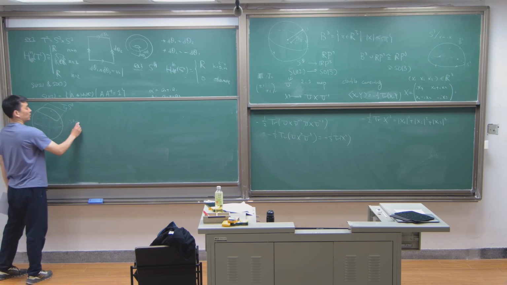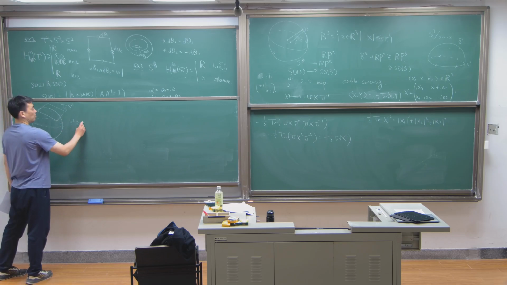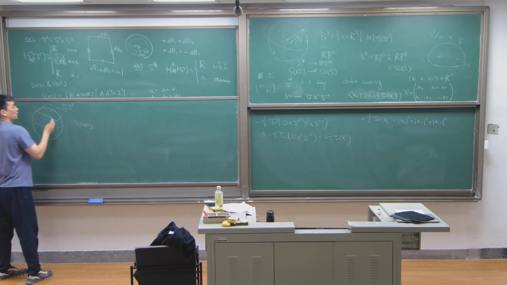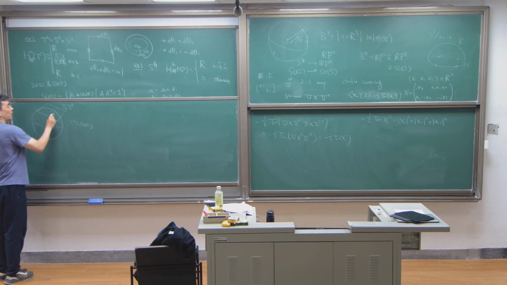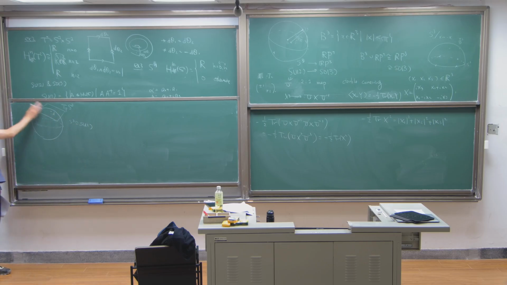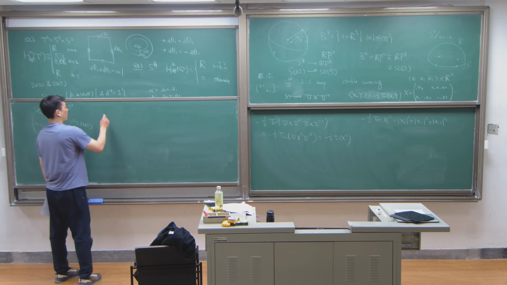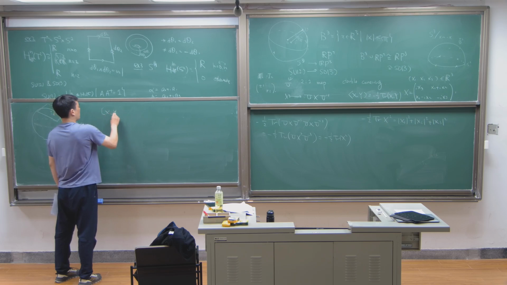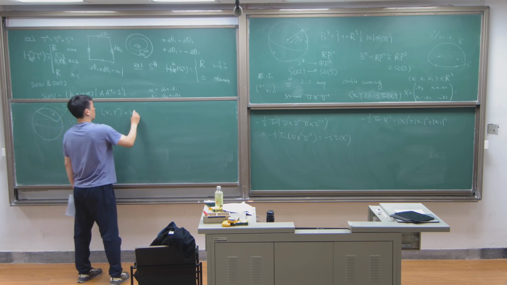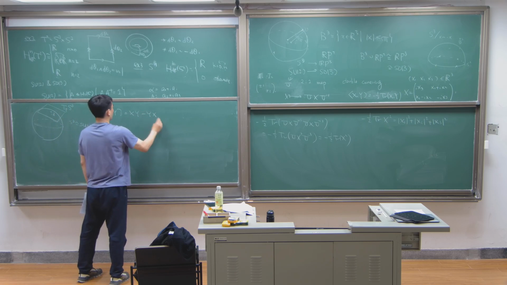S3 is isomorphic to SU2, and at this point you can consider the identity element. You can consider the adjoint, and that has the Lie bracket.